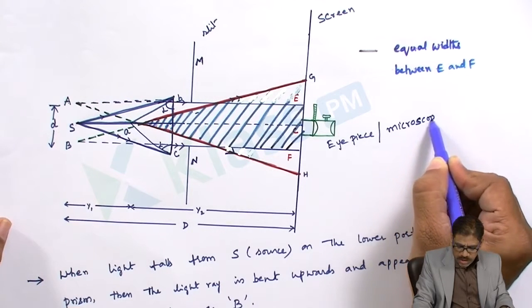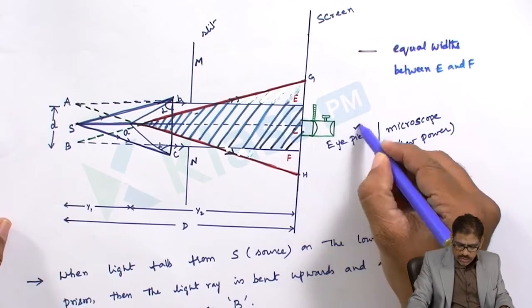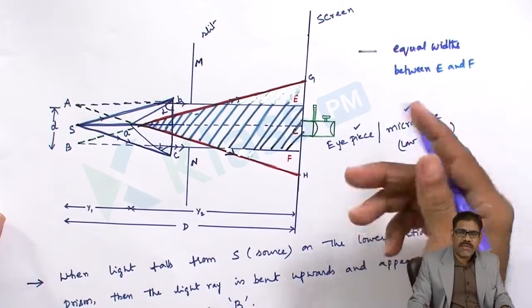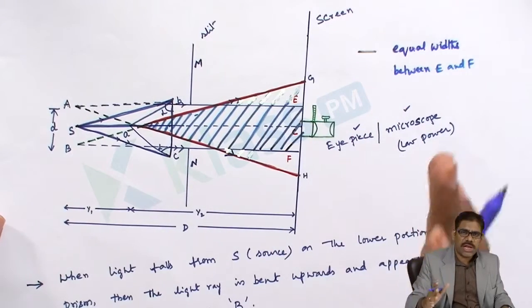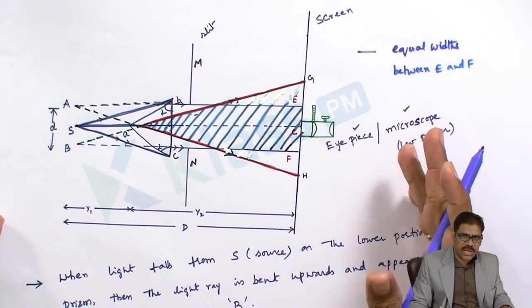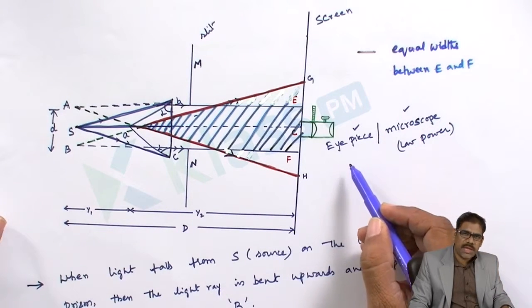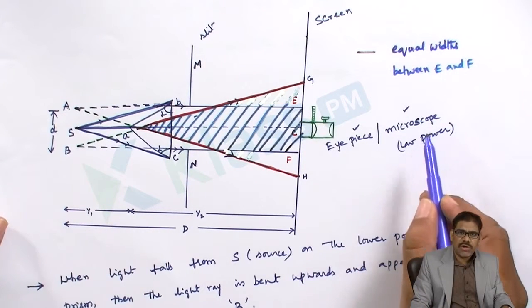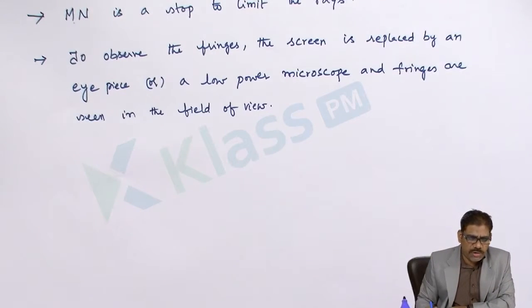A microscope of low power can also replace the screen. On a screen, alternate dark and bright fringes can be seen directly. If the screen is not used, we can use an eyepiece to view the fringes, and a low power microscope is also used to see the fringes and the fringe width respectively. That is what we are confirming from this point.